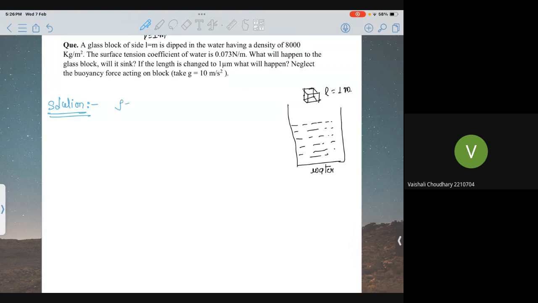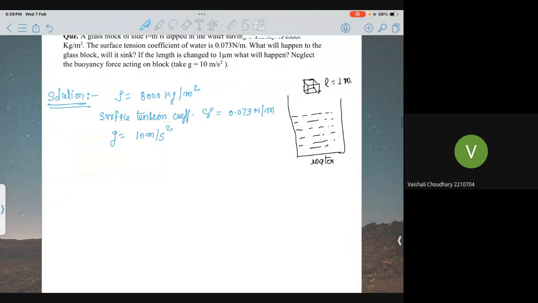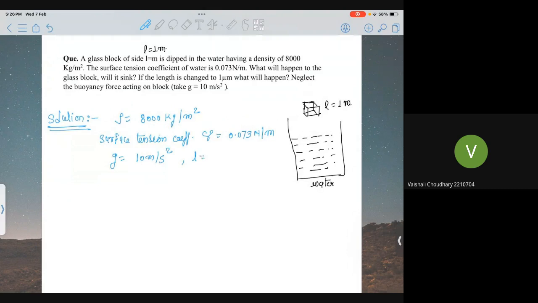The density is 8000 kilograms per meter cube. The surface tension coefficient gamma is 0.073 Newton per meter, and g is 10 meter per second squared. Okay. The length of the block is 1 meter.